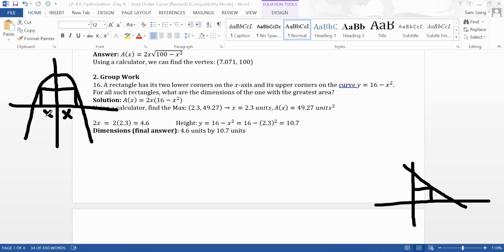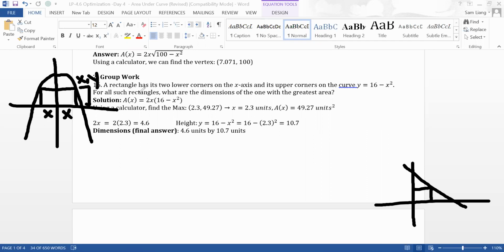The length of the rectangle is x and x, so 2x. Given that this point is x, y, the height of the rectangle equals the parabola, so whatever the x value is, we plug it into y equals 16 minus x squared. Since the corners are on the parabola, we equate that with the height.